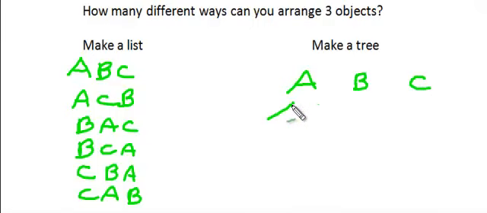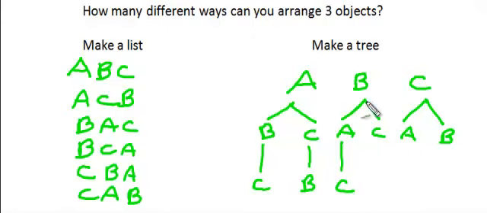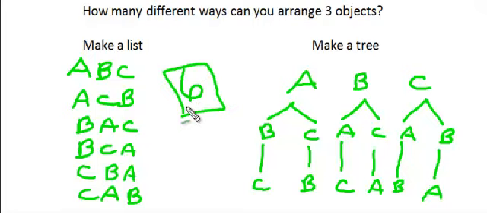If we pick A, for our second choice we then have 2 different choices, B or C. If we choose B, we'd have a choice of A or C. If we choose C, we'd have a choice of A or B. Once we've chosen these, we then have one more choice: A, B, C; A, C, B; B, A, C; B, C, A; C, A, B; or C, B, A. Both of those will give you the same list, 6 different ways to arrange the 3 objects. So the answer to this is 6 ways to arrange the 3 objects.